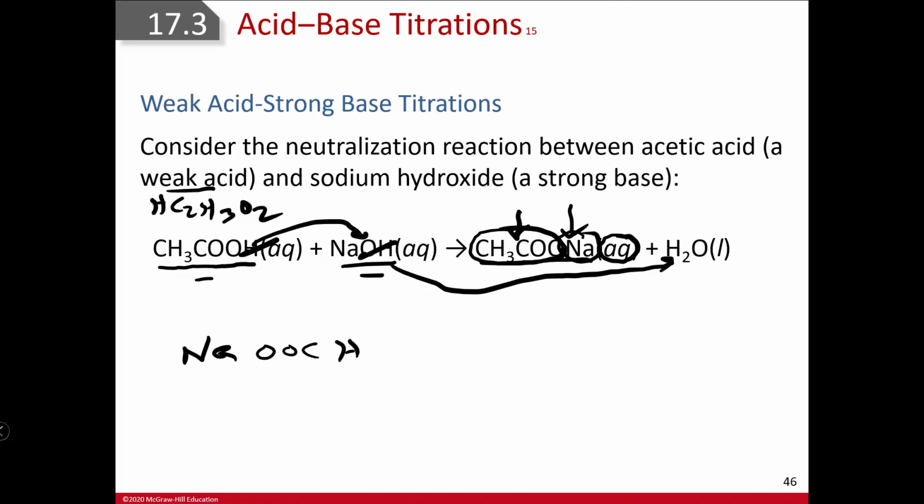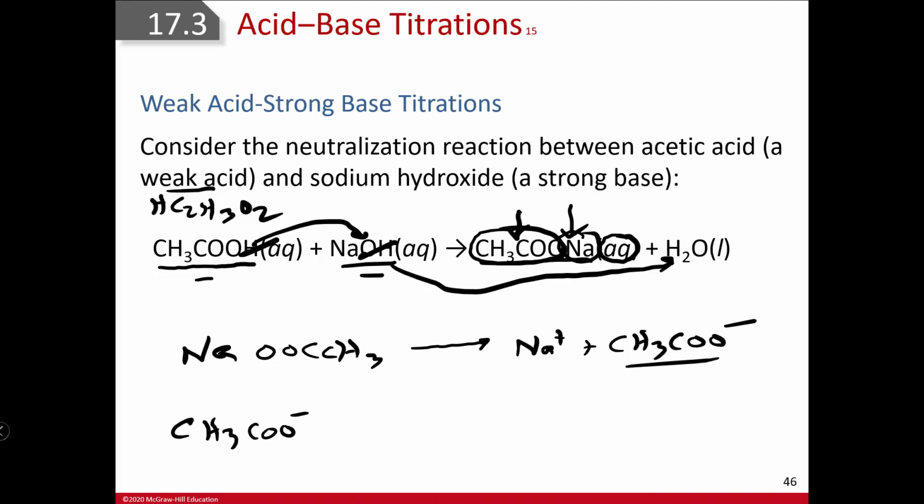I don't know if I would do it that way, but you could do that. And then this sodium acetate, it's water soluble, so it stays in the form of sodium ions and acetate ions. And then what happens is the acetate ion is the conjugate base of the weak acid, acetic acid.